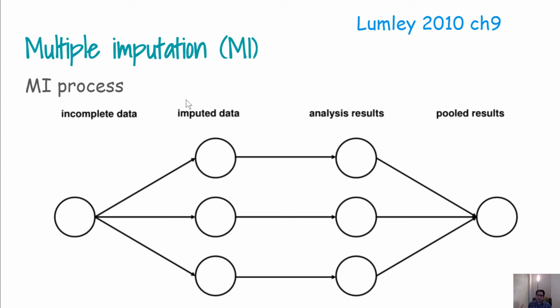If someone reported their age as 35, that is their age. If someone reported their height as 5 foot 3 inches, that is their height. But if a value is missing, then there is some uncertainty about the imputed value. And using this multiple imputation process, we are basically taking that uncertainty into account.